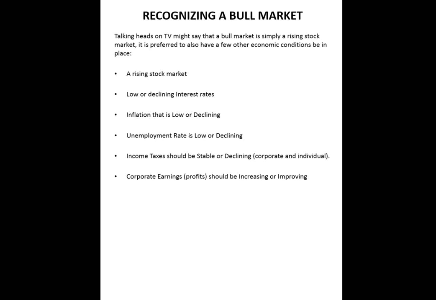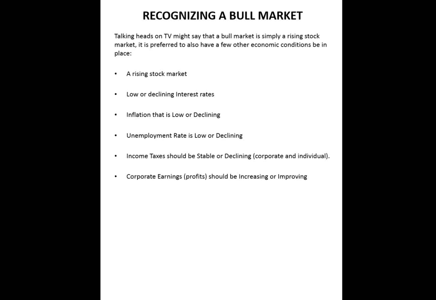All right, the next part is to recognize the difference between a bull market and a bear market. And to take it even further back, what is a bull? What is a bear? Where does it come from? It's a Wall Street term that has been used since the dawn of time.